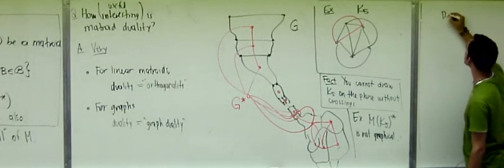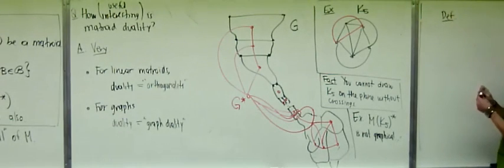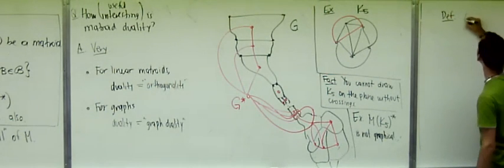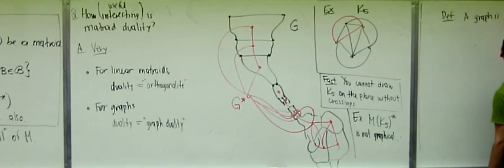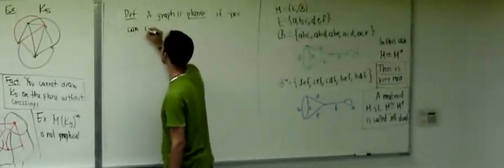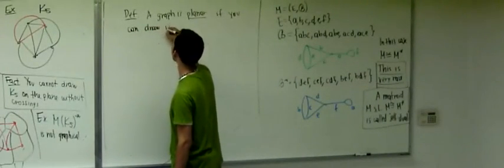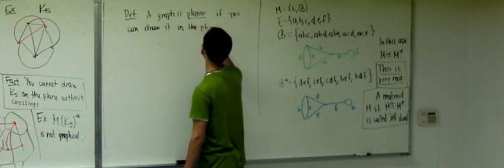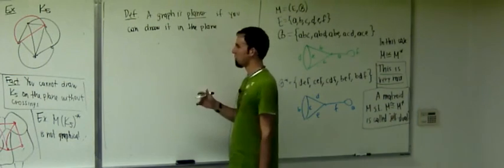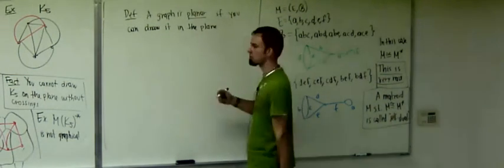Definition. A graph is planar if you can draw it in the plane without extra intersections.